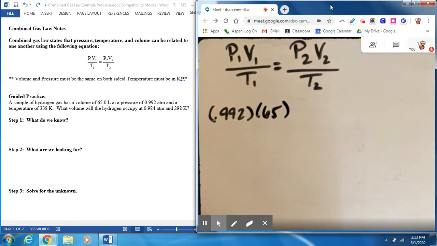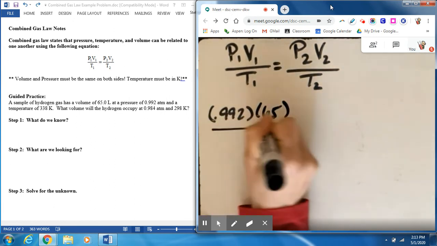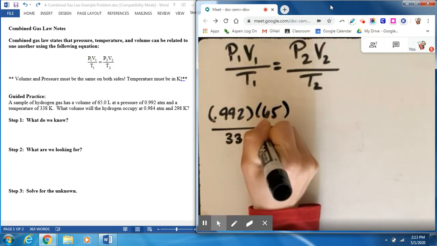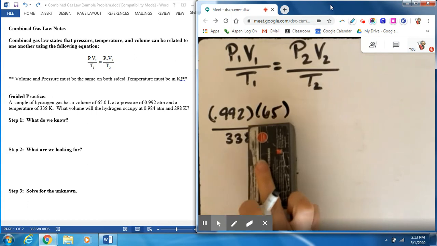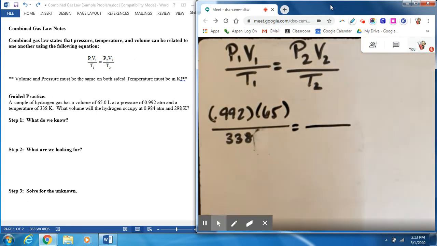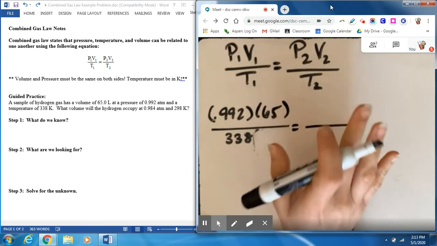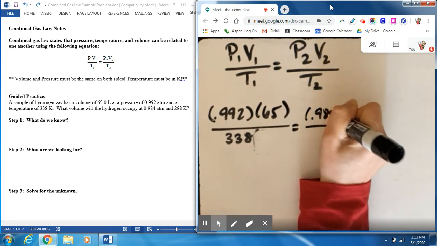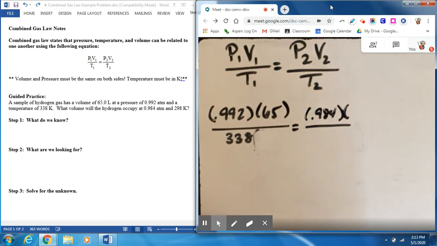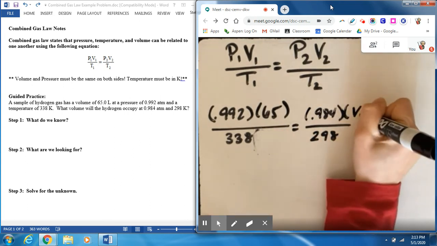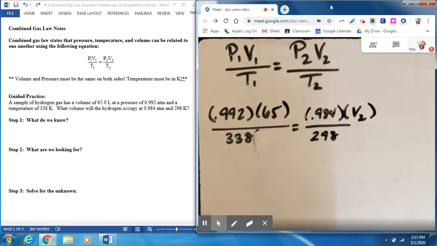We figured out that our temperature was 338 Kelvin. We know the second pressure was 0.984. We know the second temperature is 298, and we don't know the second volume.